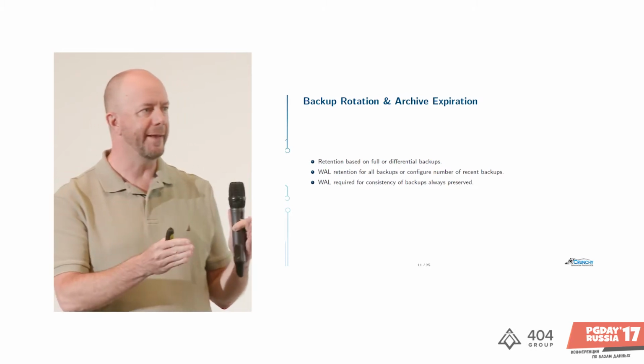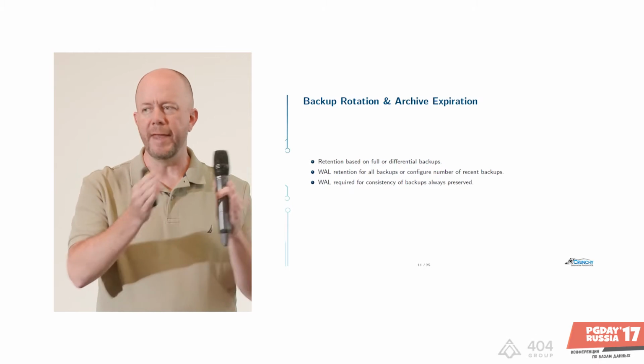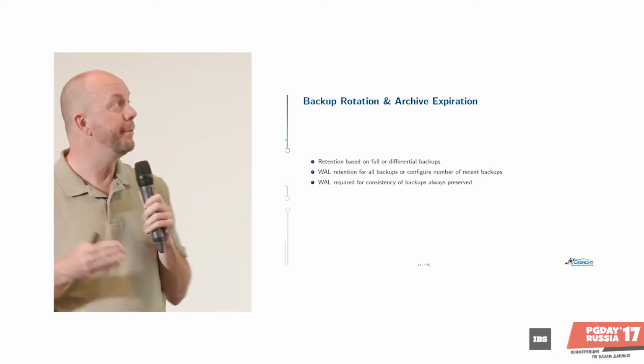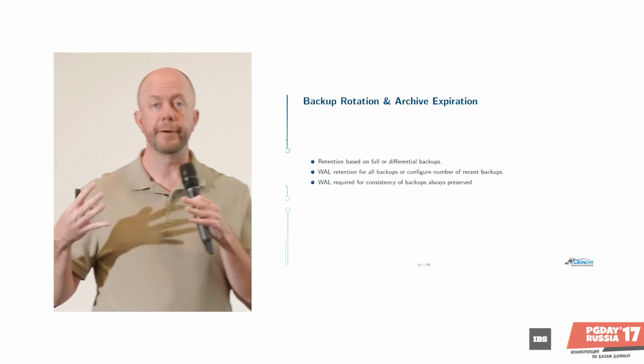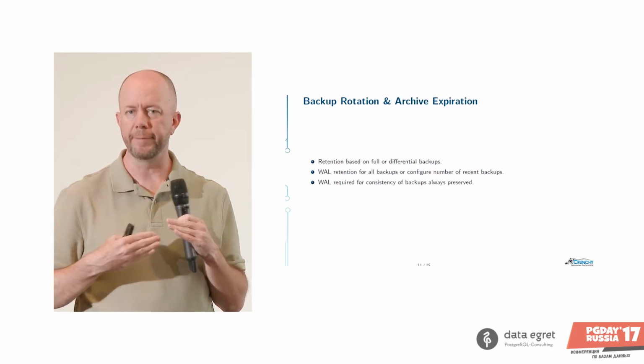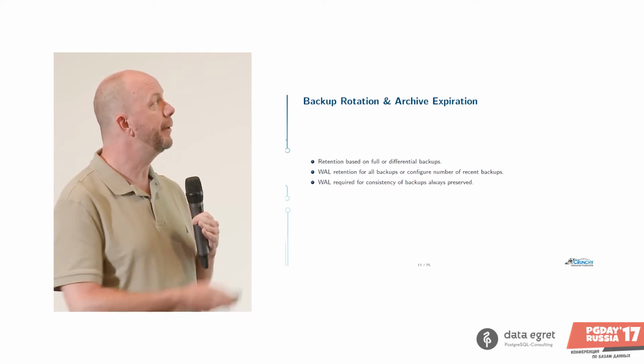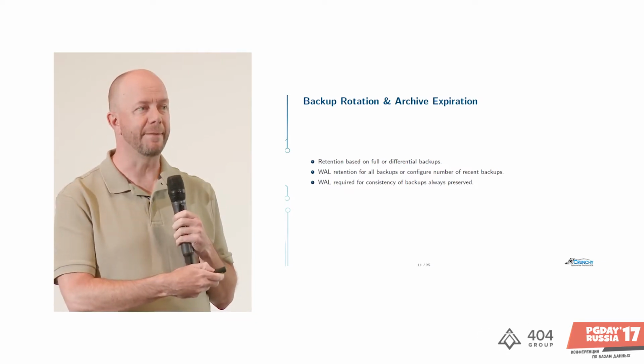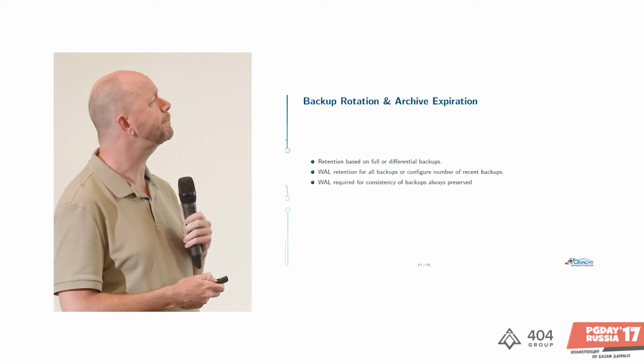So whatever that set is will be kept, and then you'll start to see these gaps appear. What that means is you can still recover a consistent backup, but you may not be able to do point-in-time recovery to a certain point from those older backups. I encourage people to keep all their WAL if they can, if they have space.